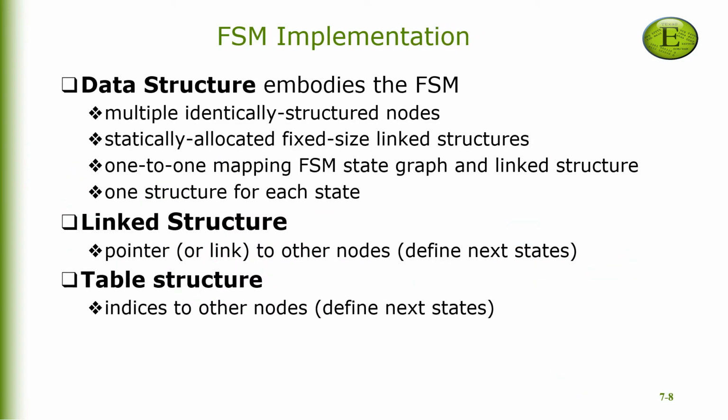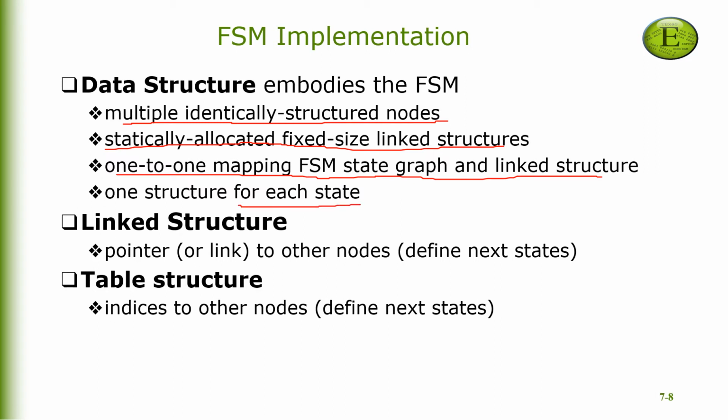How do we implement a finite state machine, and what is the appropriate data structure? There can be many options. It can be that the state machine requires multiple identically structured nodes, or it can be a statically allocated fixed size linked structure, with a one-to-one mapping between the finite state machine graph and the linked structure, and one structure for each node.